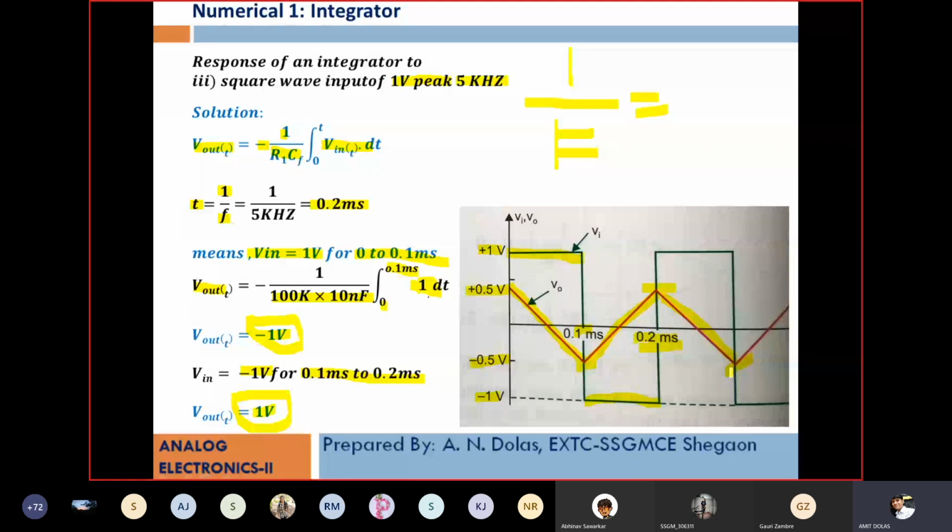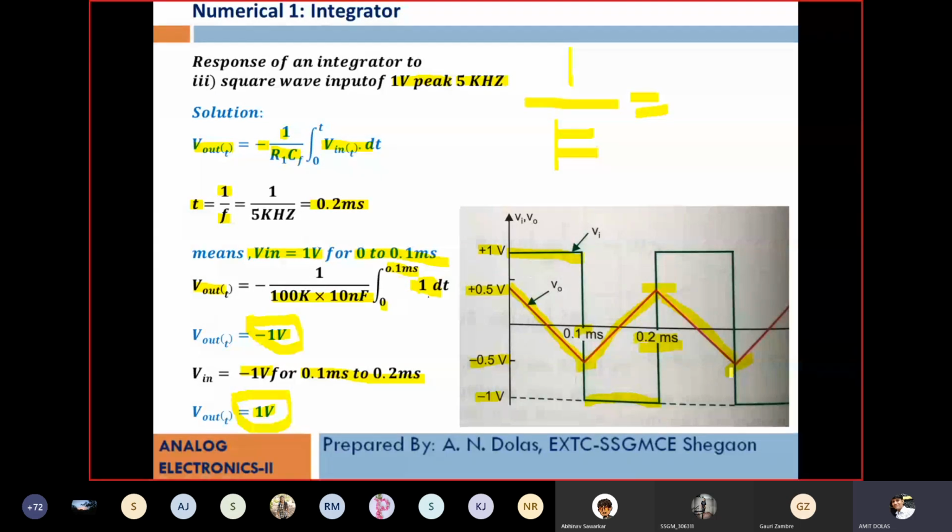In this way we can conclude that if a sine wave is applied to the integrator, a cosine wave is the output. If a step input is given to the integrator, a negative or positive going ramp will be the output, depending on the input type, if the input is positive and negative respectively. And if a square wave is applied to an integrator, then we'll get a triangular wave.